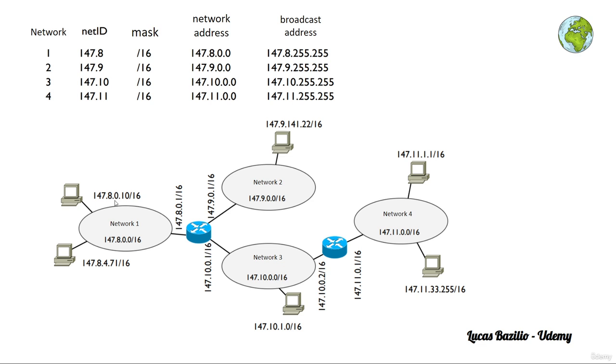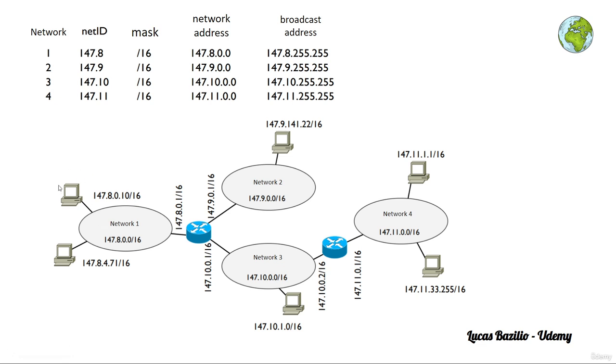Also, the host ID cannot be all 0s or 255.255, because otherwise it would be the network address or the broadcast address respectively. They also need to have different values. But it's very simple, we have a very big range, so we can select.